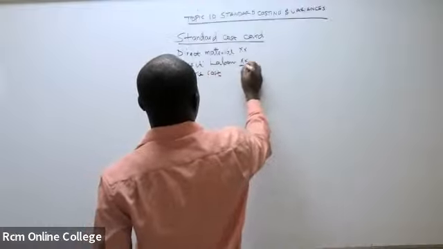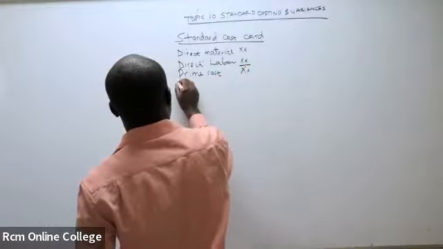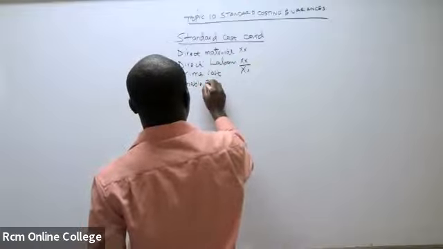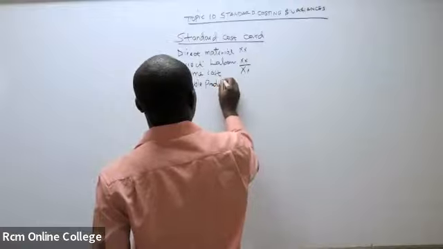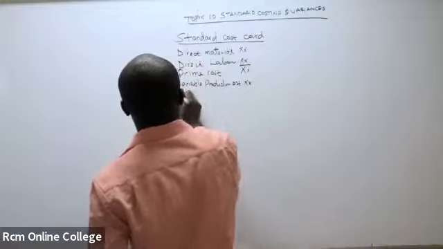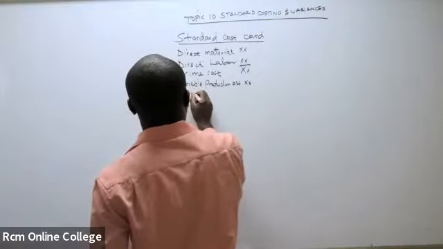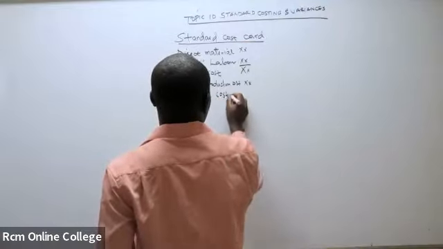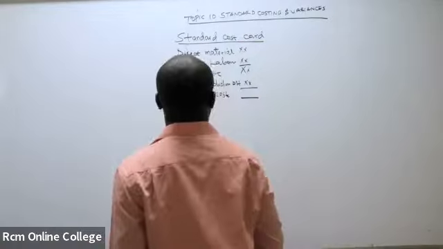To the prime cost, we need to add variable production overhead to give us now marginal cost, right? Marginal cost.